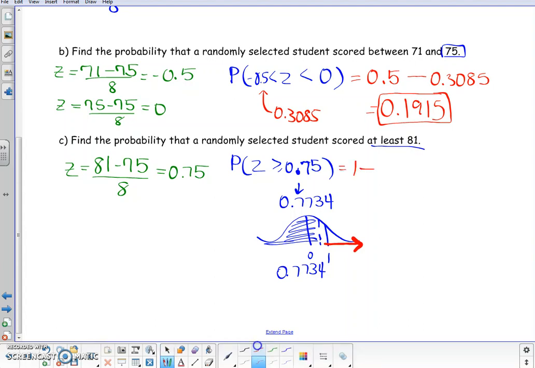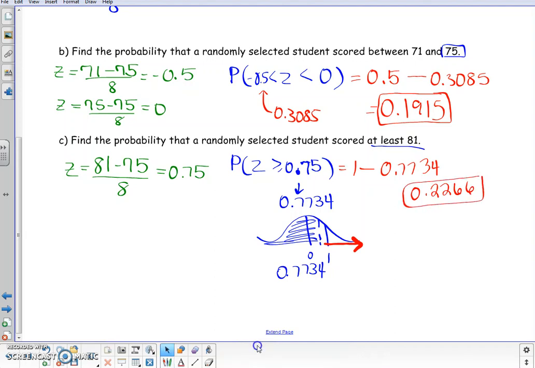Anytime you want more than that value, you've got to do 1 minus the probability you get. So 1 minus 0.7734 is about 0.2266. Okay, you can convert that to a percent if you'd like, and it's 22.66%.